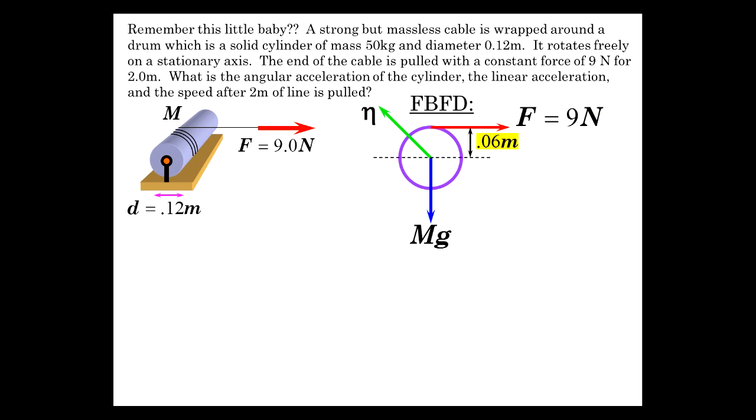Well, it would be straight up if it was just mg, but because we're pulling this way, for the cylinder not to translationally accelerate, it better have a force on it that's equal and opposite to this applied force, and that's also provided by this normal force.